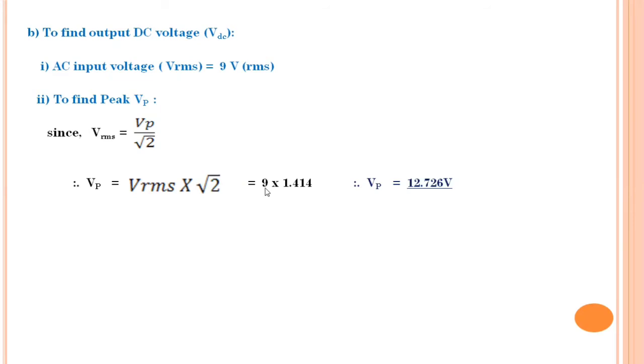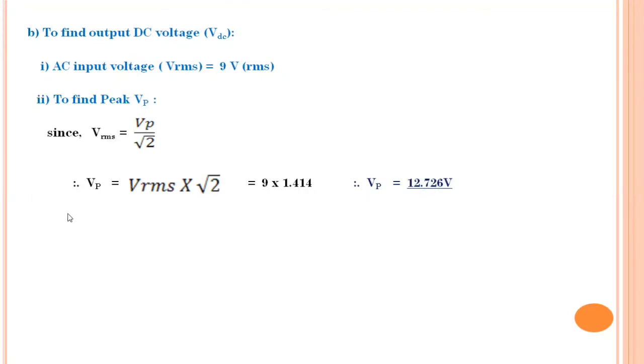So 9 volt is the RMS voltage, the VI between the secondary and central tap terminal, as AC input. 9 volt into 1.414, the value of root 2, you get the peak voltage of about 12.726 volt, or 12.73 if you round up.